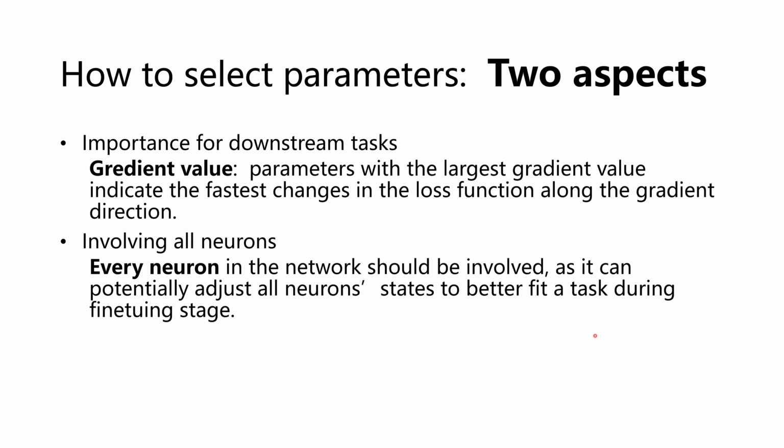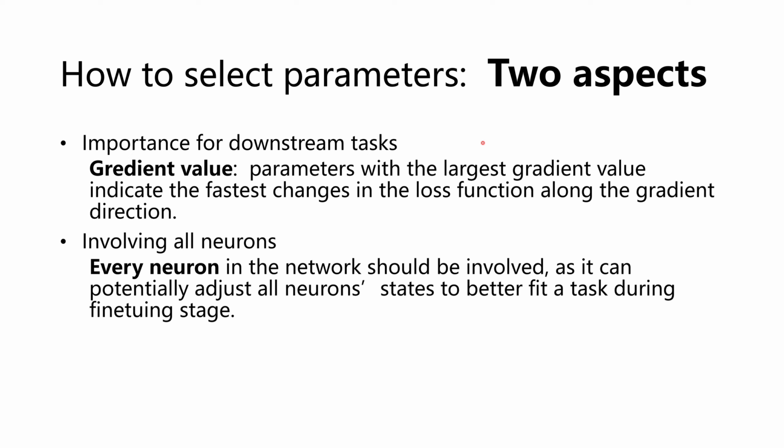Next, let's see how we select parameters. We consider two aspects. The first one is the importance for the downstream tasks. We identify the gradient value as the importance matrix, because a parameter with the largest gradient value indicates the fastest change in the loss function along the gradient direction.